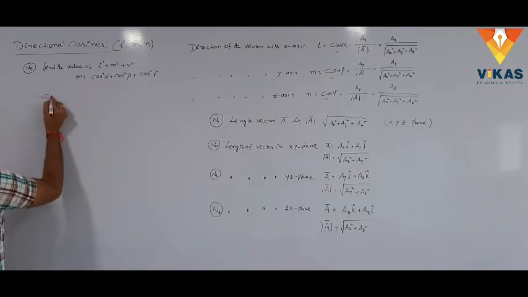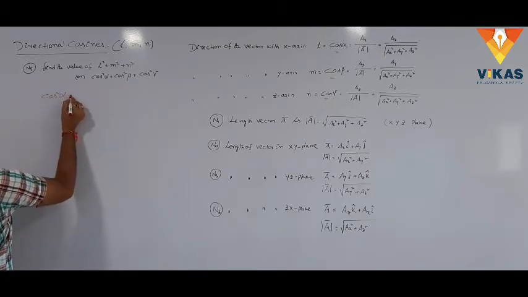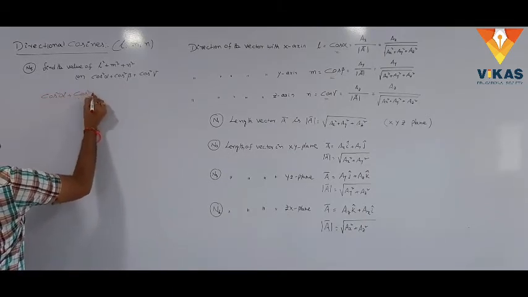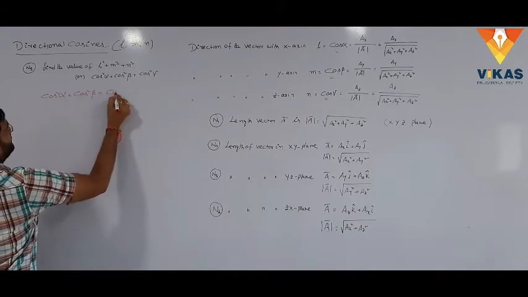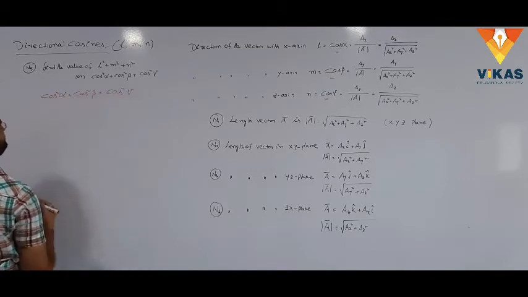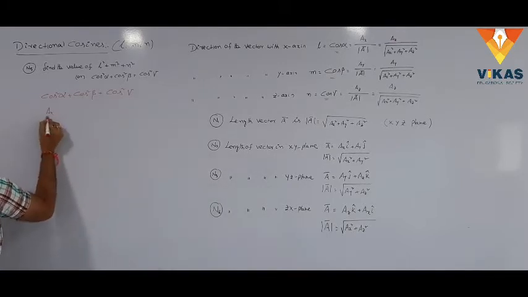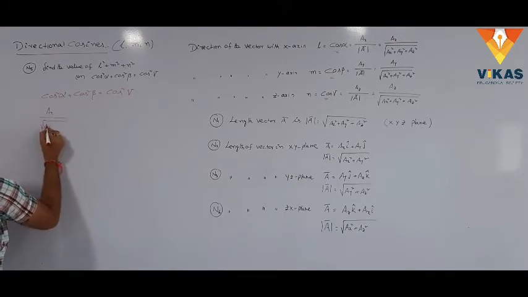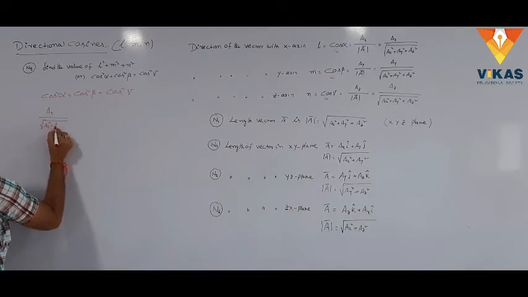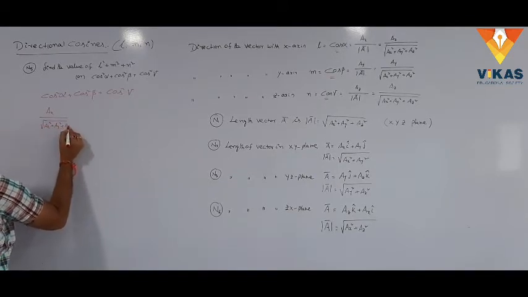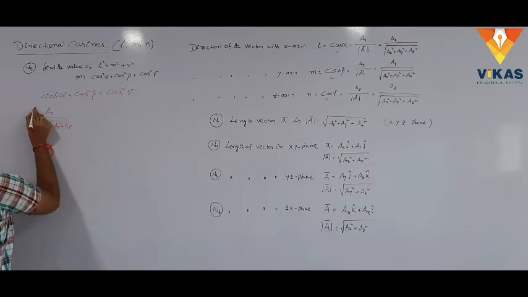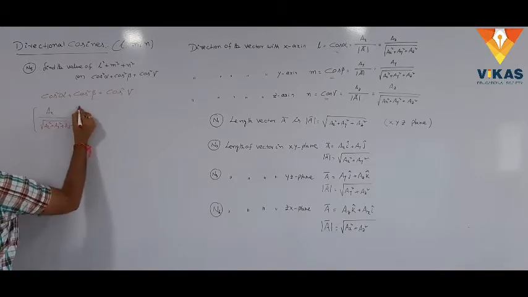Cos alpha is ax by square root of ax square plus ay square plus az square, totally whole square.